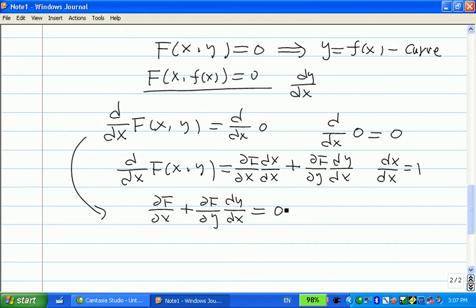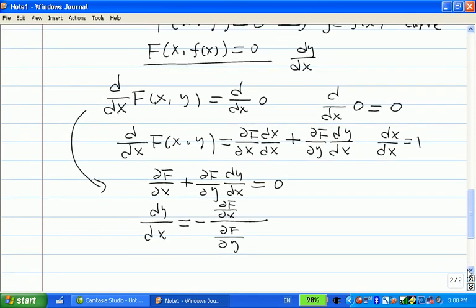So you solve from this equation, you find your dy dx, which is equal to minus partial f with respect to x over partial f with respect to y. So we use the chain rule and we find the derivative for this implicit function.